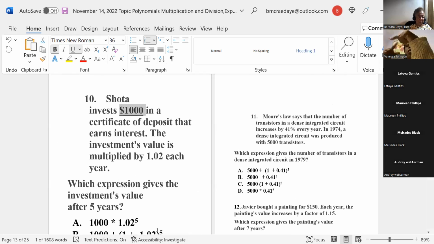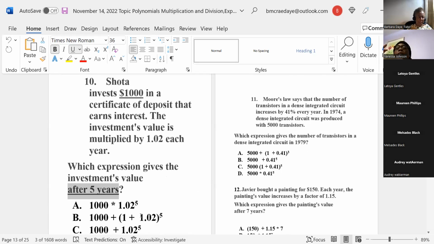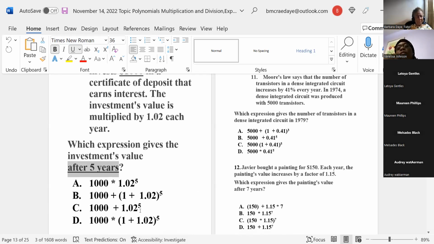So what would you multiply it by? By the amount of years. There you go, 5 years. So would you have A, B, C, or D? Okay, that would be A.